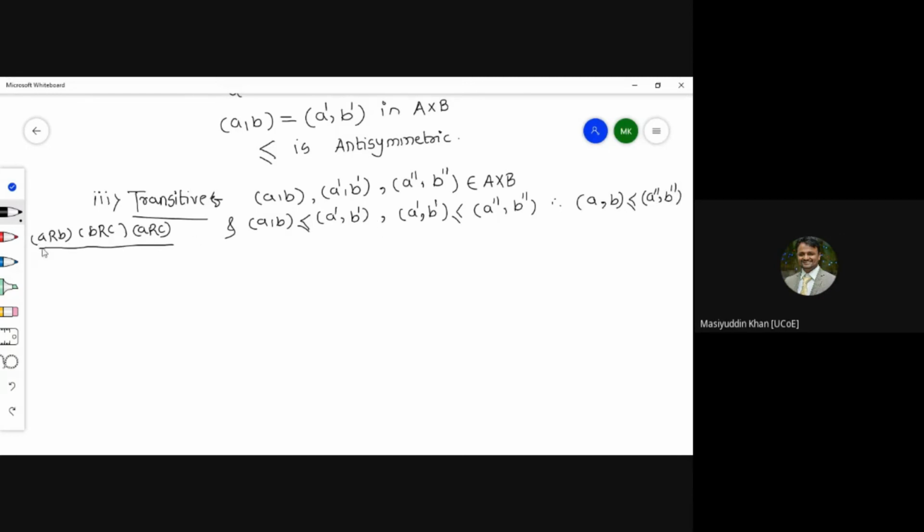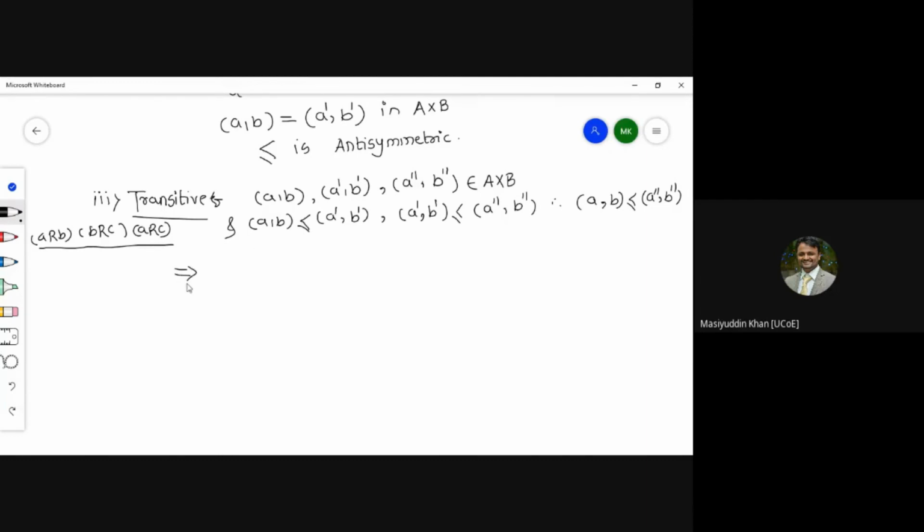As I told you, a related to b, where this whole bracket is A for you. So (a, b) is less than or equal to, meaning related to, (a', b'). Then (a', b') is related to (a'', b''), and lastly (a, b) is related with (a'', b''). One by one we have to prove this part.